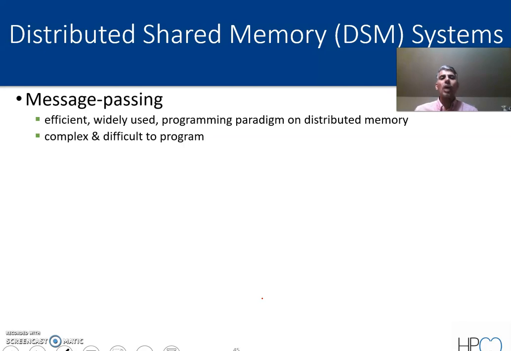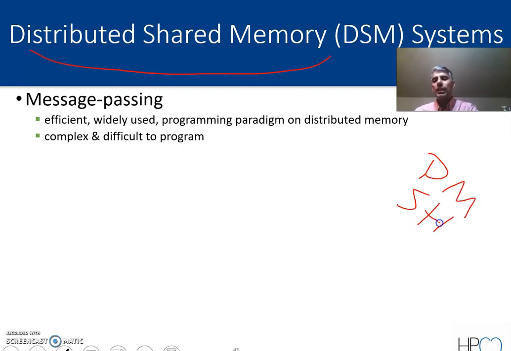So I would also like to remind you about a third category of programming languages known as distributed shared memory. Essentially, we have been talking about distributed memory and shared memory programming techniques.